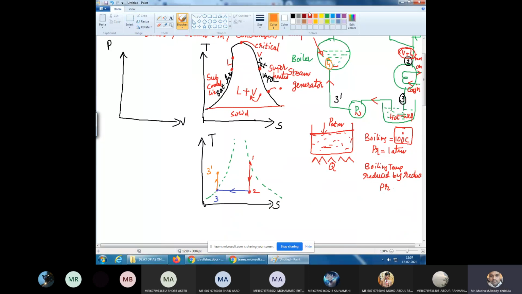So again, one more thing. In the TS diagram, these lines represent constant pressure. Can you see the yellow line? Or can I change the color? Like this.